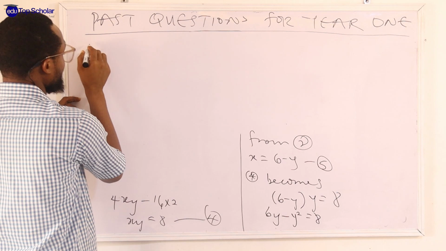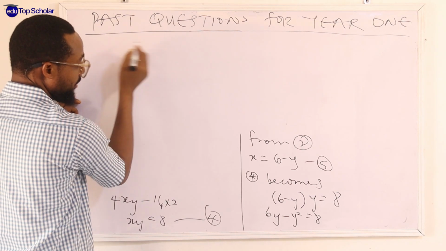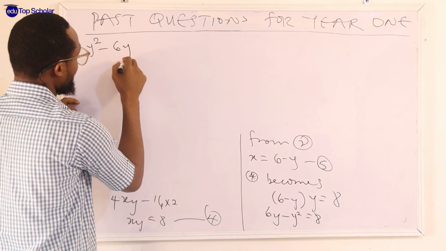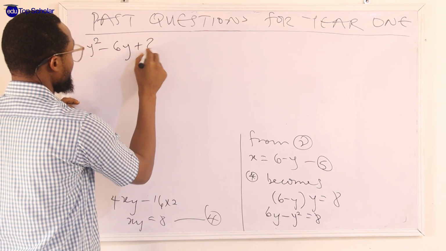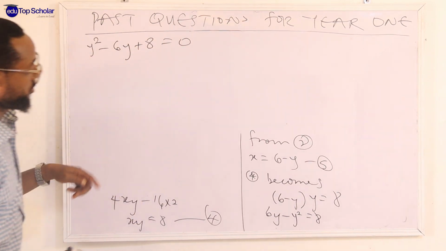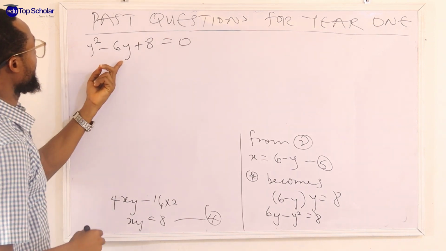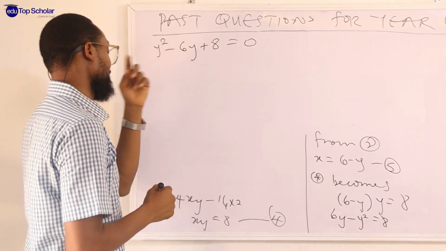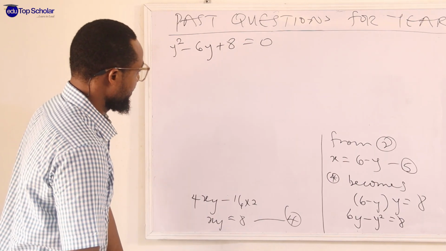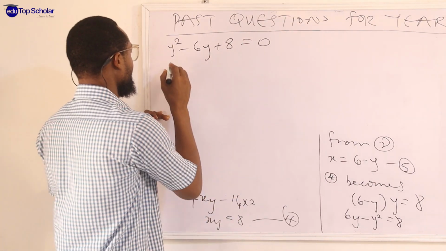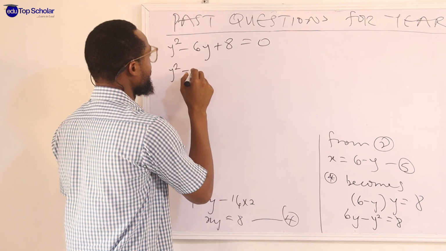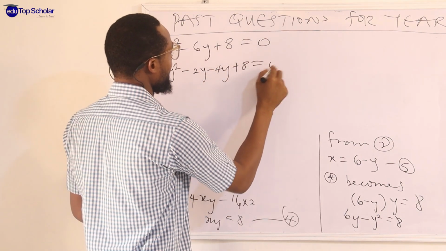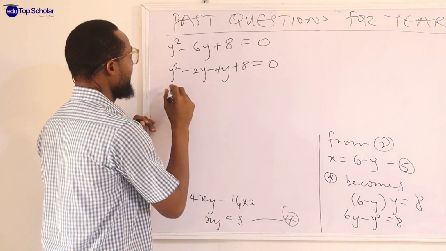So this looks quadratic already. Let's take all of them to the other side. I have y squared minus 6y plus 8 equals 0. So here, two factors of this: when we multiply we have 8, when we add we have minus 6, that will be 4 and 2. So this is y squared minus 2y minus 4y plus 8 equals 0.